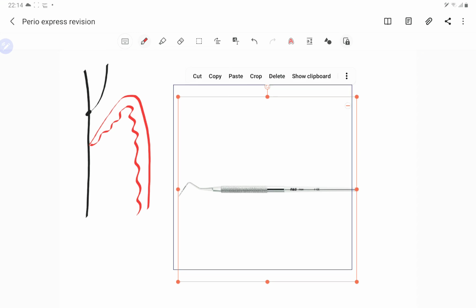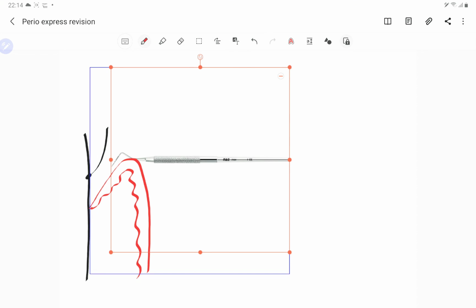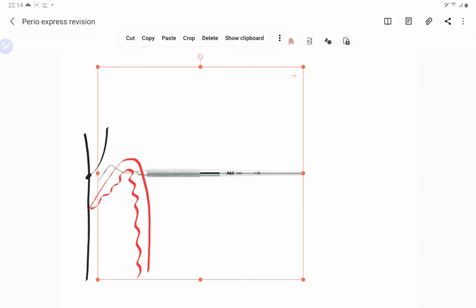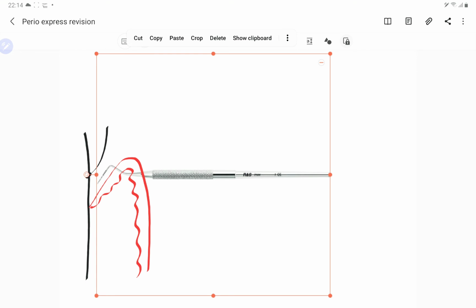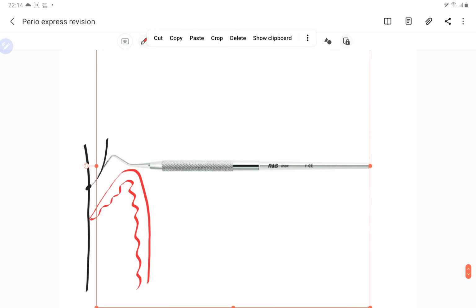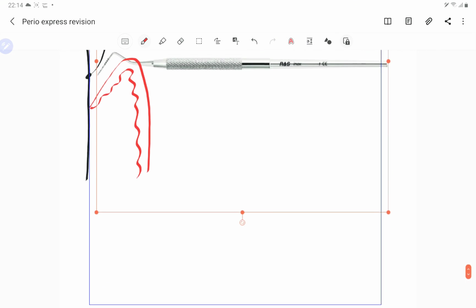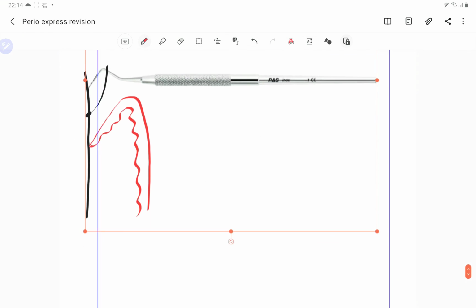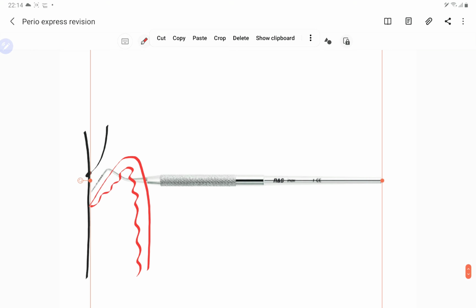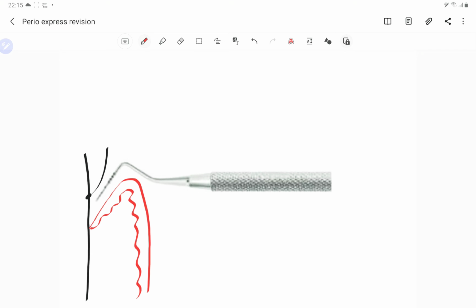So we take this periodontal probe and insert it into the gingival sulcus, not the epithelium, I'm sorry. Once we insert it into the gingival sulcus, we measure with the help of these markings.